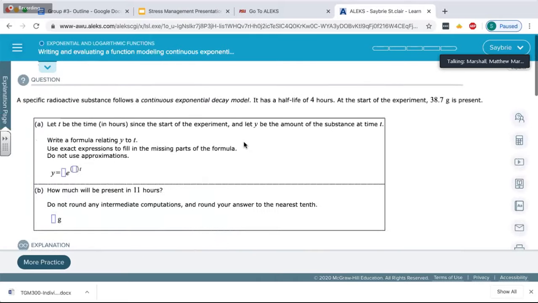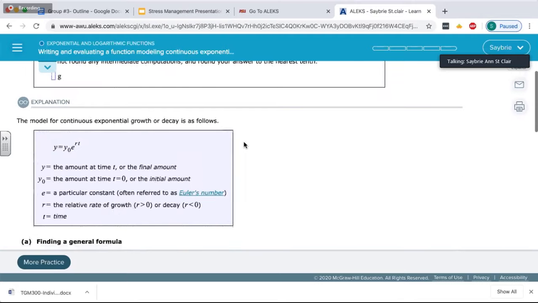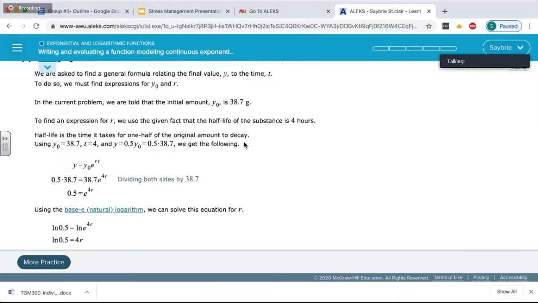It's still pretty much the same, but you can't just plug in the final number in there. You had to times it by 0.5 first before you plug it in. So half of 38.7, that's where you get the final number there. And then divide, and then use a natural log.